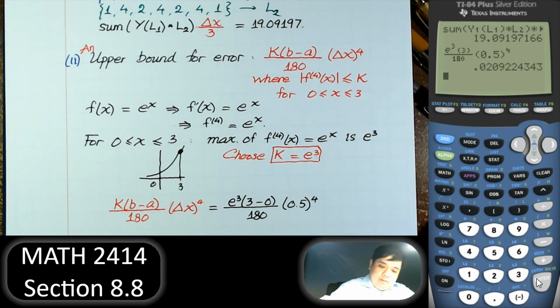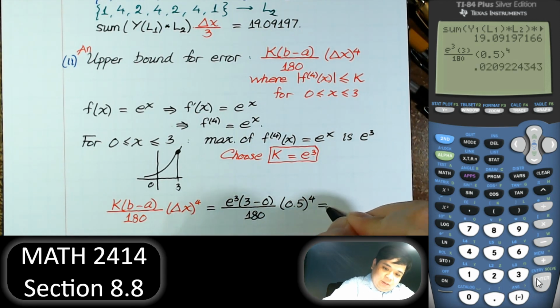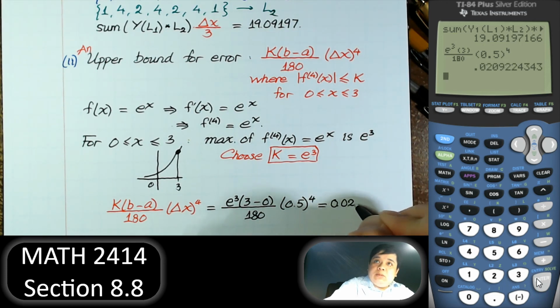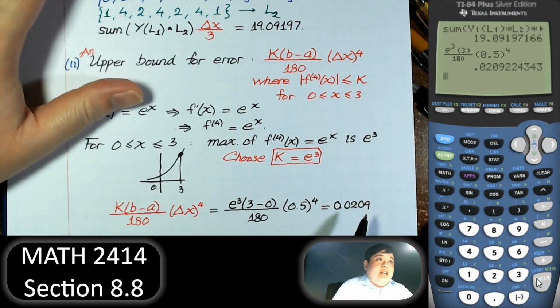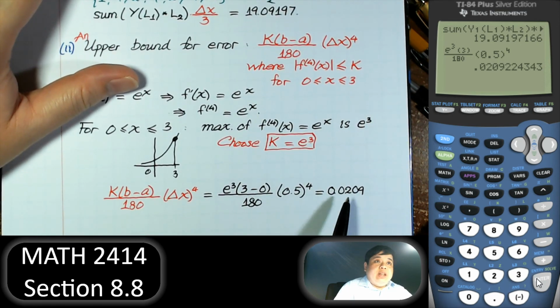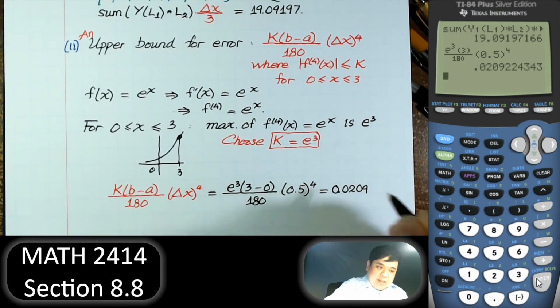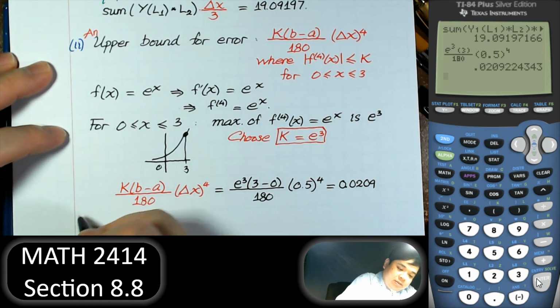And we have, so this is an upper bound for error, meaning whatever the actual error is, it has to be smaller than this.